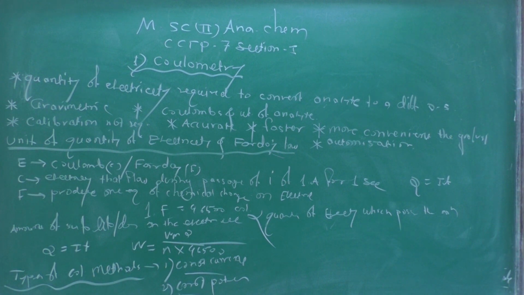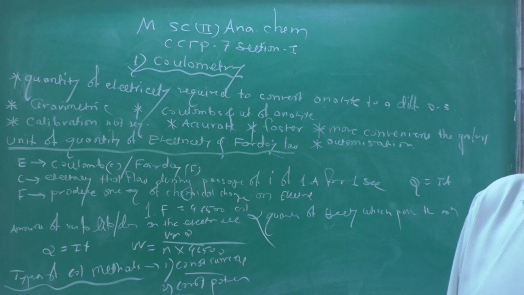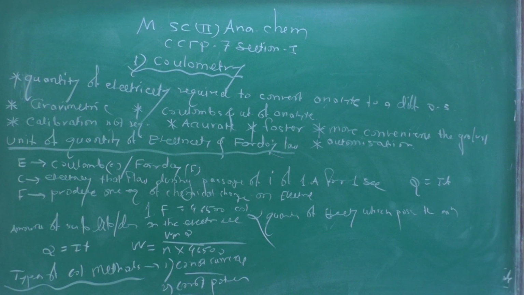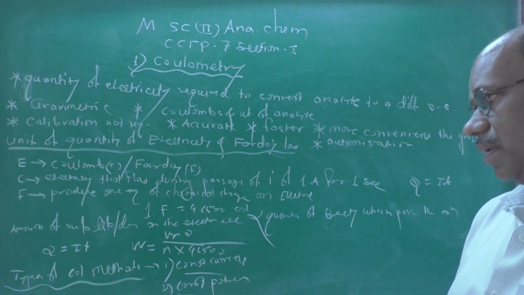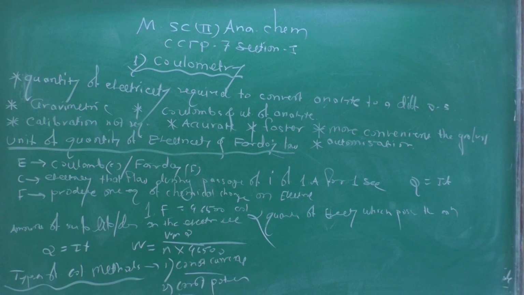So 1 Faraday is equal to 96,500 coulomb.